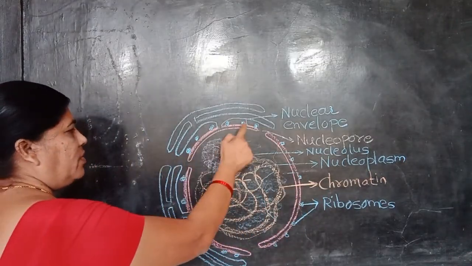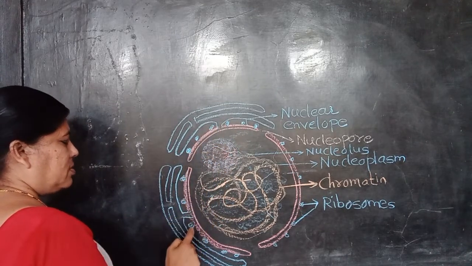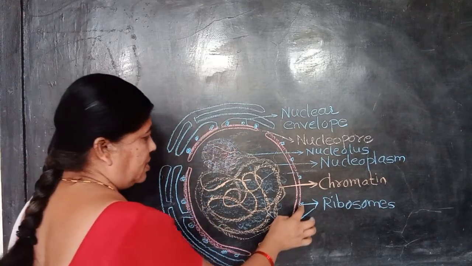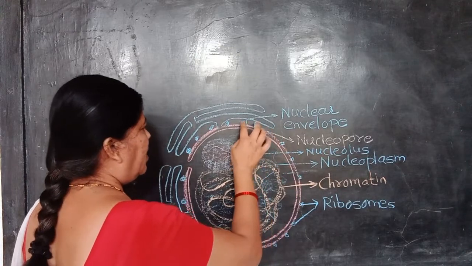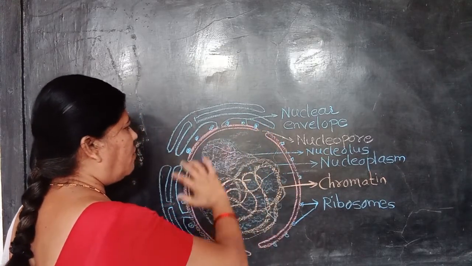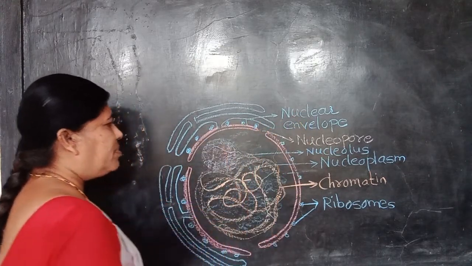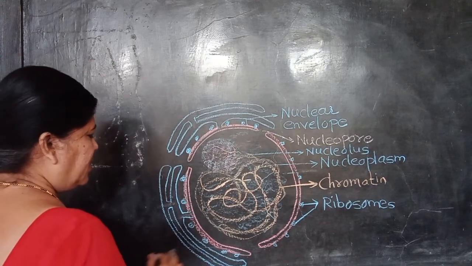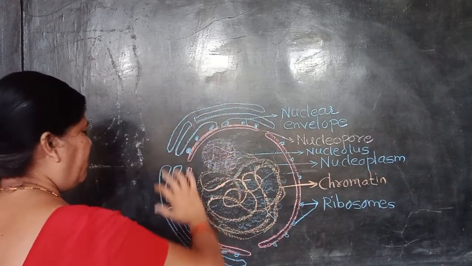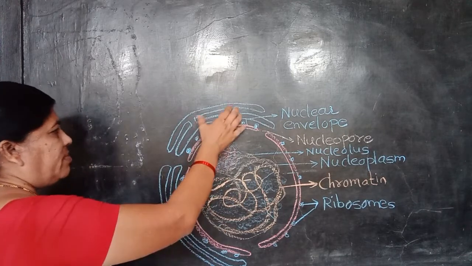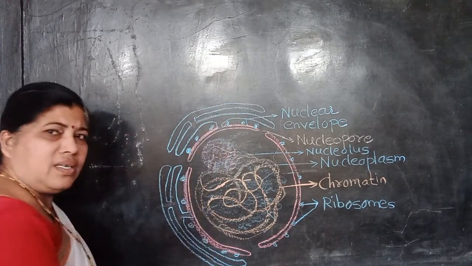Nuclear envelope is decorated by ribosomes, attached on the outer surface of the nuclear envelope, and the nuclear envelope is connected to the endoplasmic reticulum.